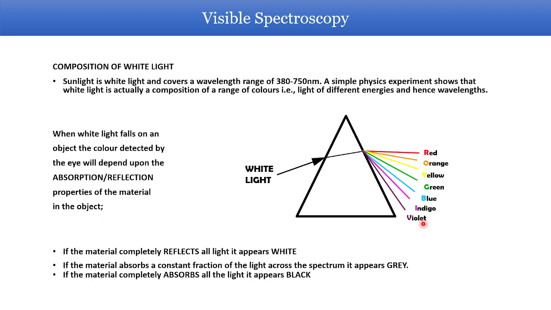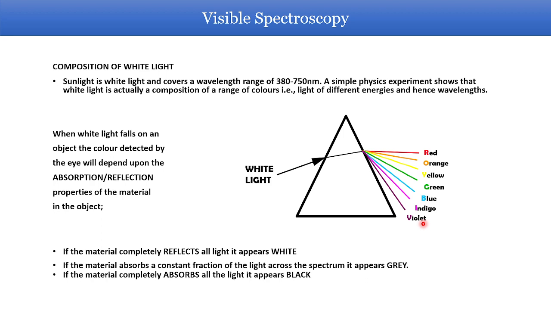So when white light falls on an object, the color detected by the eye will depend upon the absorption and reflection properties of the material in the object. Now if a particular object appears white, that means it has reflected all the colors, and if the material completely absorbs all the light, it appears black.